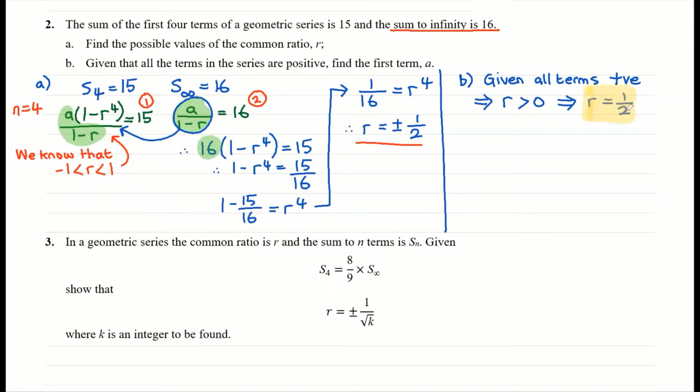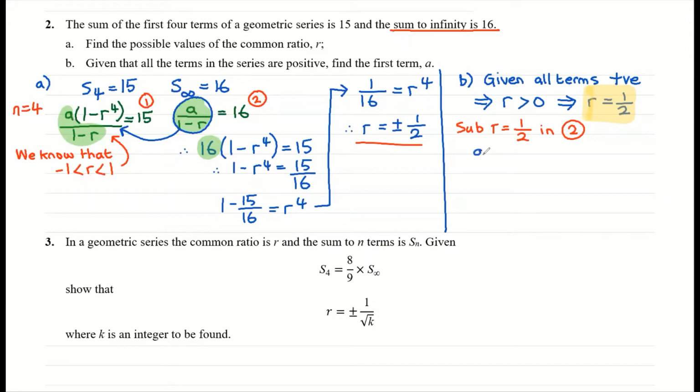And we have to find the first term a. Okay, so we can just sub this into one of our equations. Obviously I'm going to choose equation 2 because that was the easiest one. So we're going to sub r equals a half in equation 2. If we do that, this is what we're going to get.